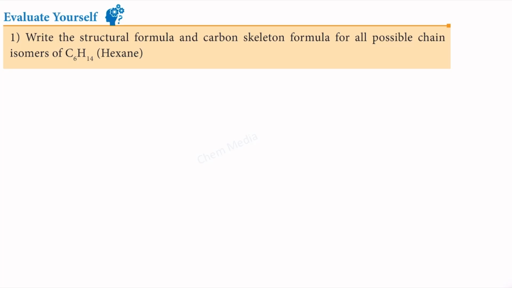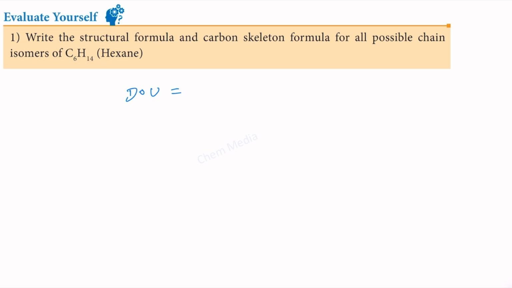In this video, we will write down the structural formula and carbon skeleton formula for all possible chain isomers of C6H14. Let us determine the degree of unsaturation value for C6H14 to see whether it is a saturated elemental composition or not.